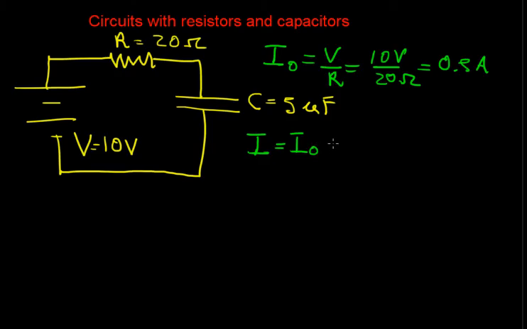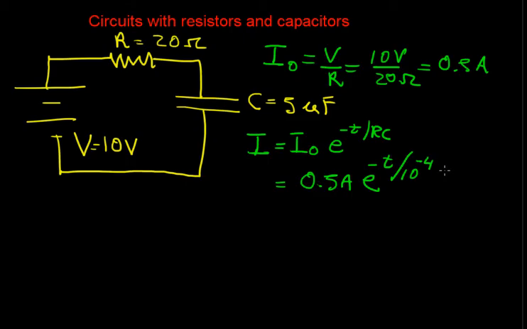And so then my current, which is I naught times e to the minus t over RC, is equal to 0.5 amps times e to the minus t over RC, where RC is the resistance times the capacitance. And so 5 times 20 is 100, so it's 100 times 10 to the minus 6, which is just 10 to the minus 4.